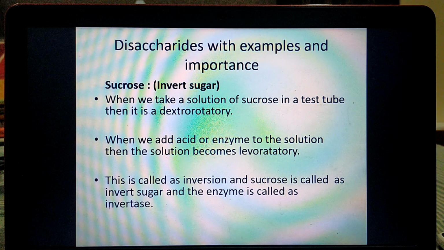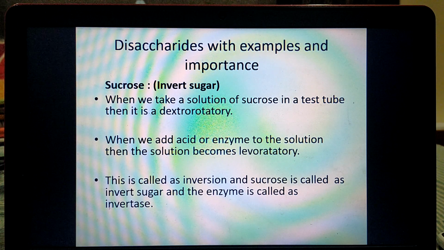This change in the optical rotation of the sucrose solution after adding acid or enzyme is called inversion, and hence sucrose is called invert sugar, and the enzyme which brings about this inversion is called invertase.